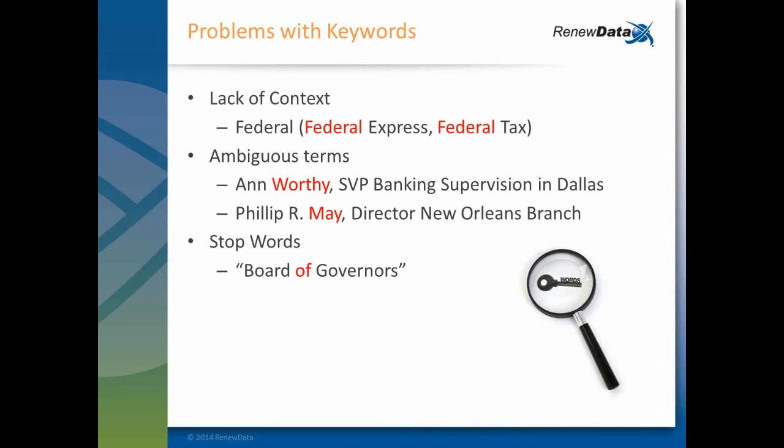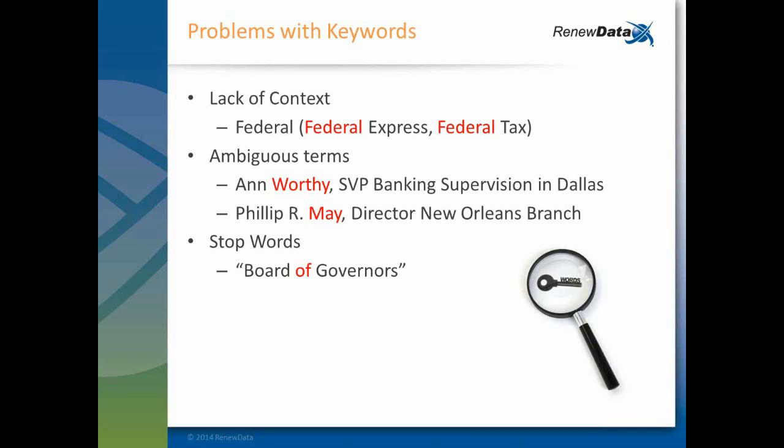Now, you may think that searching for a person's name, we'll just search for their last name, will work. Well, here are two examples of two people involved in the banking system where, if you search for just their last name, particularly Philip May, if you search for just May, obviously you're going to get a lot of false positives.